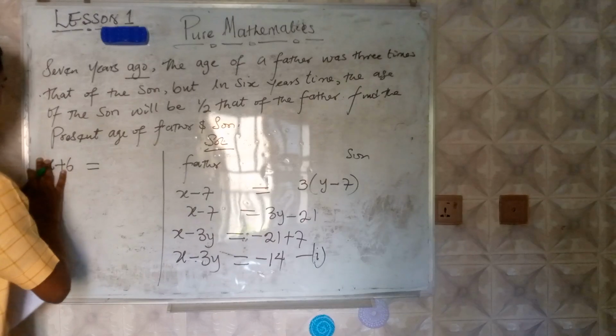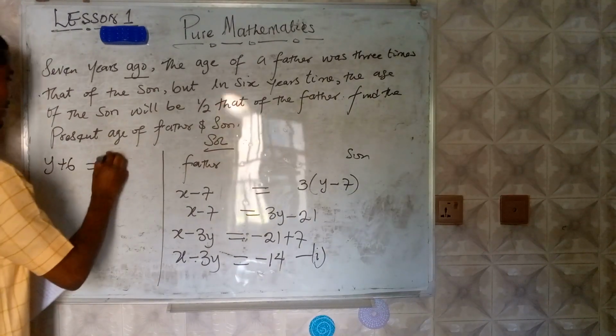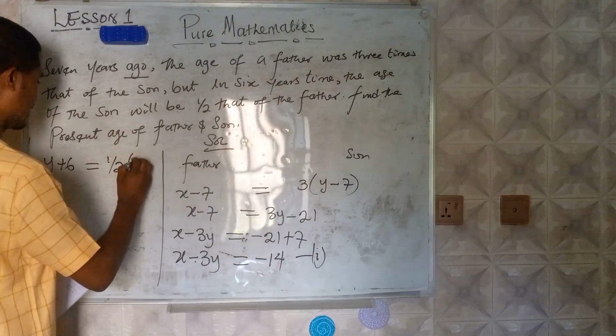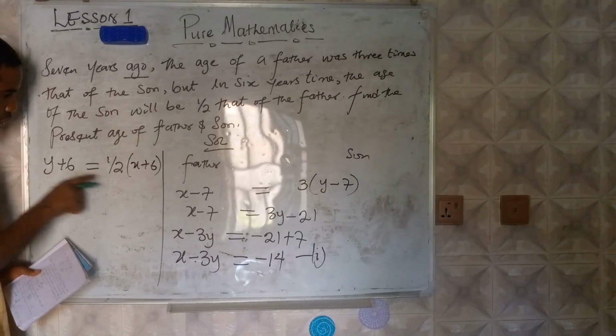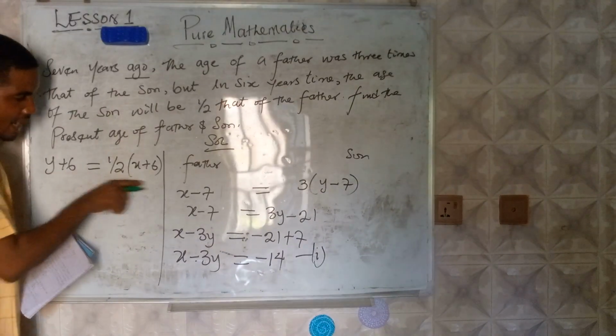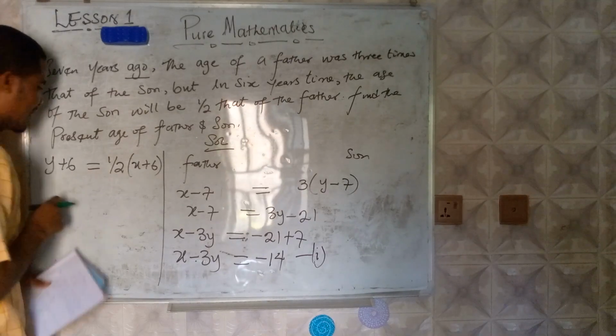In 6 years' time, the age of the son will be half that of the father. That of the son will now be y plus 6 equals half of x plus 6. The age of the son will be half of that of the father.